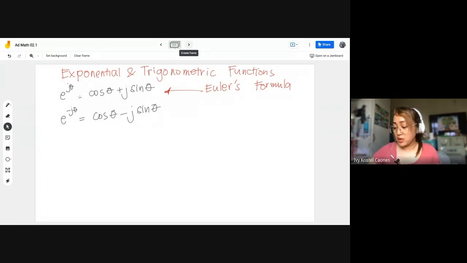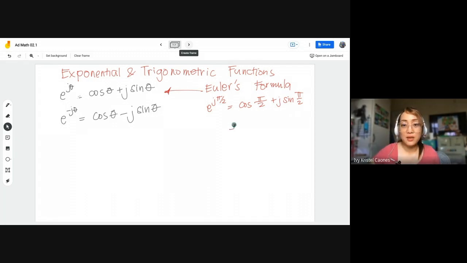For example, we can say that e to the j pi over 2 is also equal to cosine pi over 2 plus j sine pi over 2. Okay? Of course, if you are in degrees in your calculator, evaluating cosine pi over 2 will automatically be 90.